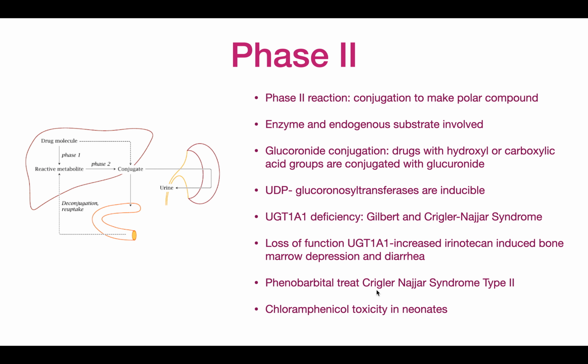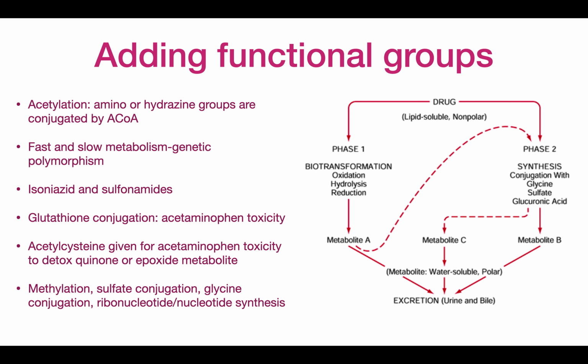And chloramphenicol, once it's conjugated, is toxic to babies. You can add functional groups by acetylation, and it's affected by genetic polymorphism. Isoniazid and sulfonamides are really affected by this.